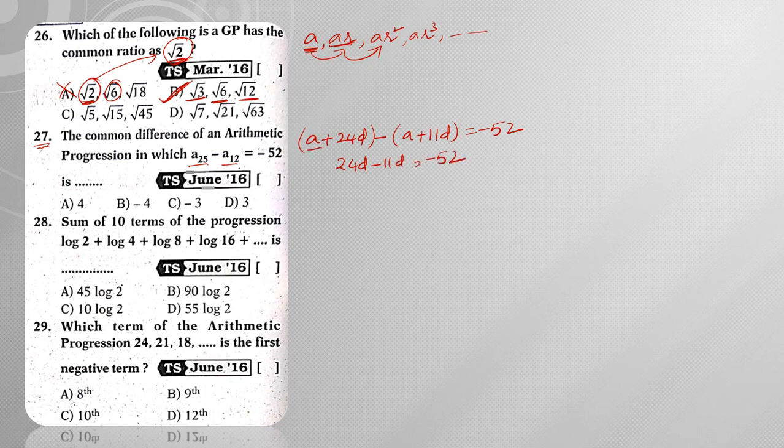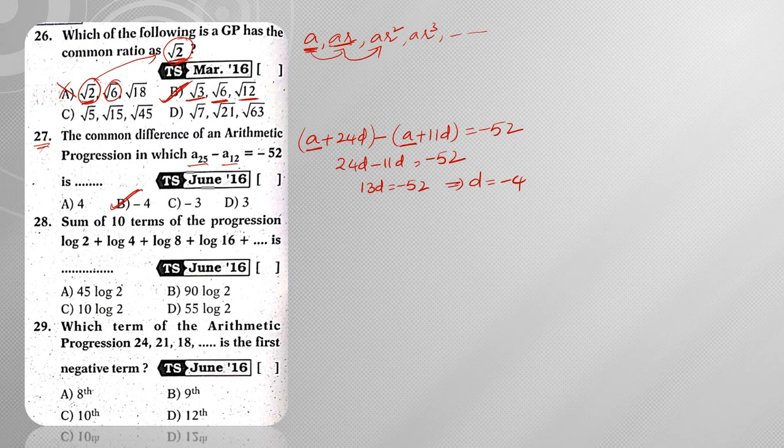When you open up the brackets, this will be A, this will be minus A, so A minus A gets cancelled. So 24D minus 11D, 24 minus 11 is 13D is equal to minus 52. From this clearly D is equal to minus 4. Hence D is equal to minus 4 is my answer.